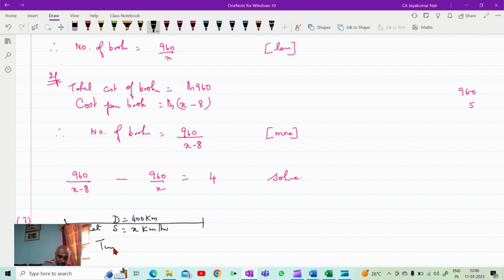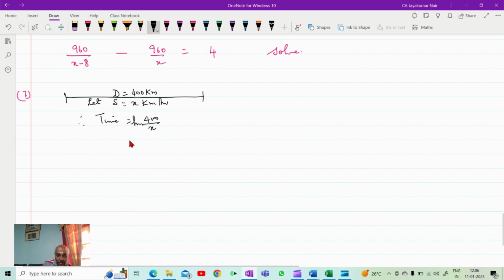Therefore, what is the time taken? Time taken will be 400 over x hours. This is the time taken to cover 400 kilometers. And now, what are you going to do? The same distance, 400 kilometers only.